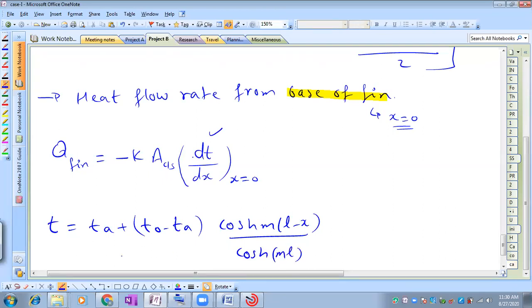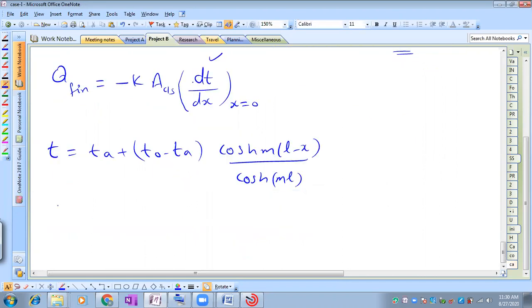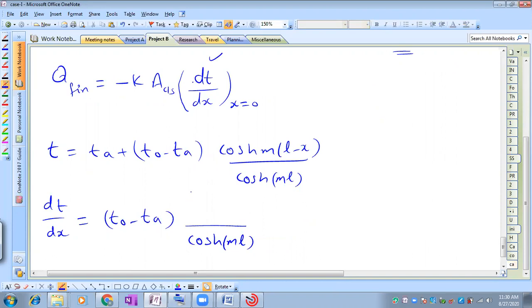Now if I take the derivative of this, dT by dx is equal to (T0 minus Ta) with the denominator remaining the same, hyperbolic cos of mL, and we differentiate with respect to x, so mL is constant, mx means minus m, and hyperbolic sin of m into (L minus x). Is it understood?